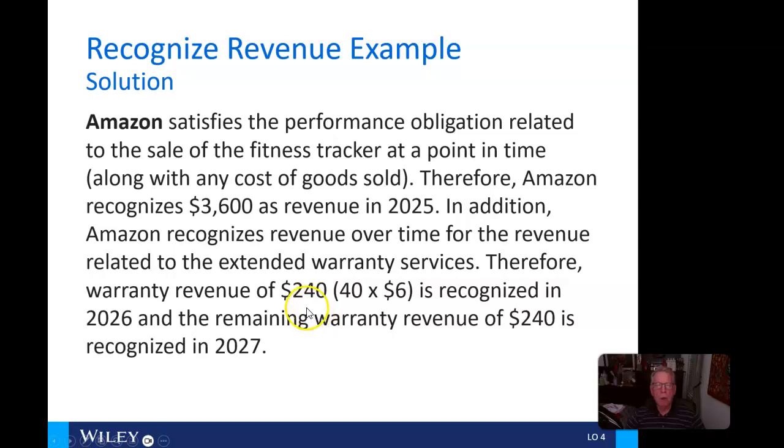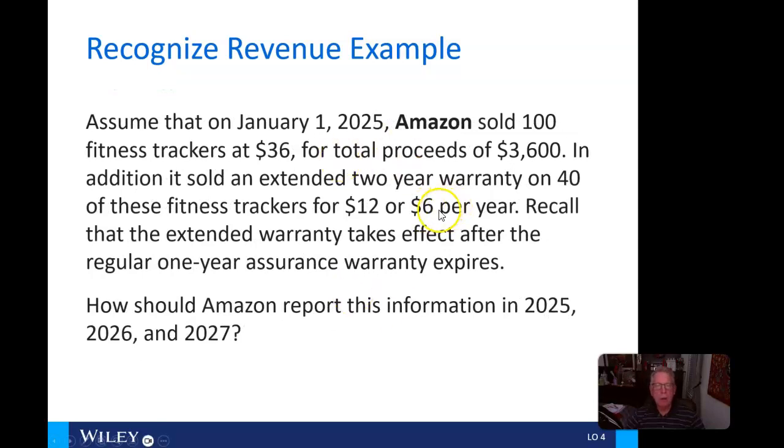$240 over the 40 periods here at $6 per period. Now you remember, here it is, $6 per year, and there are 40 of these fitness trackers.